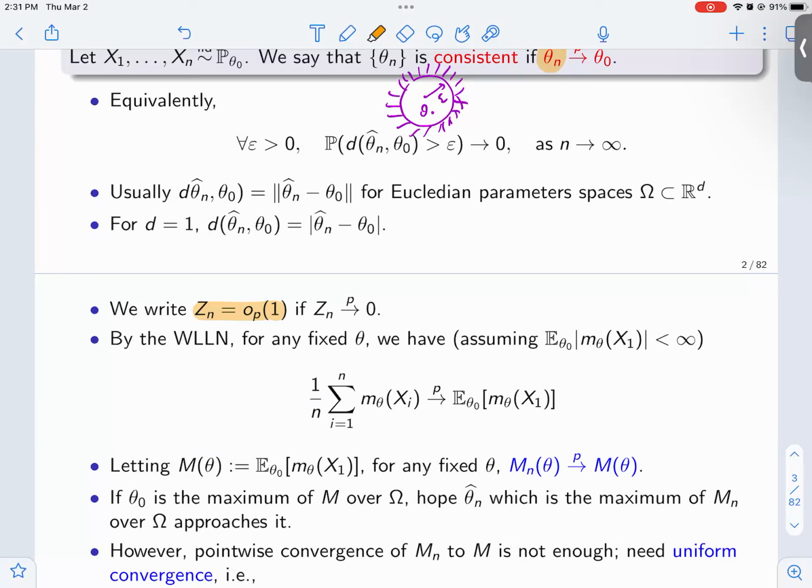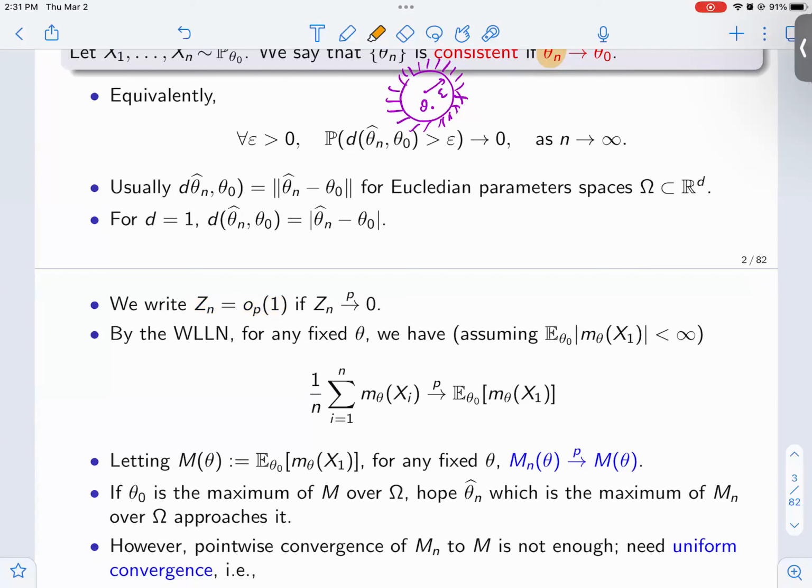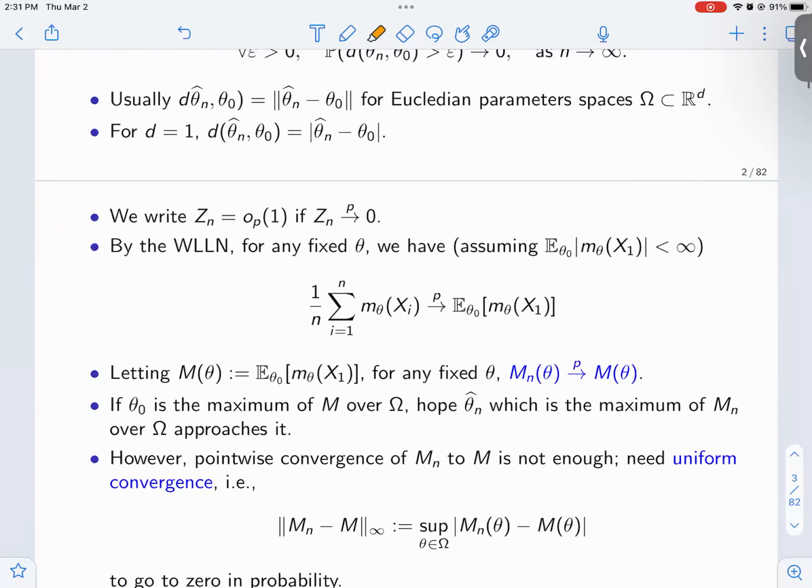Here, we put a P to mean that the sequence is converging to 0 in probability. It's just a convenient way. You will see this simplifies the arguments if you develop some sort of calculus of manipulating these notations. There's also a big OP of 1 coming up, similar to big O of 1 in real analysis.